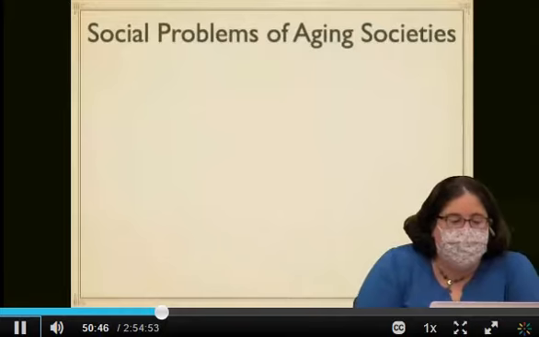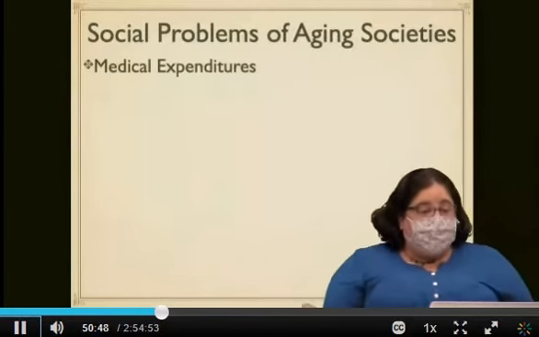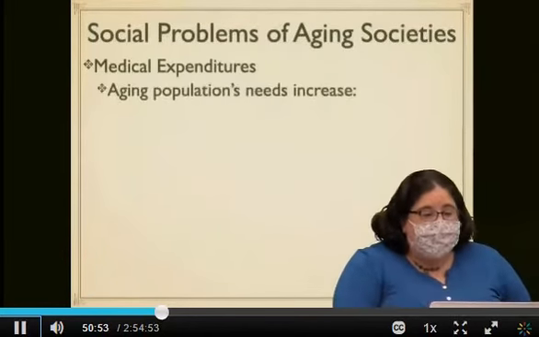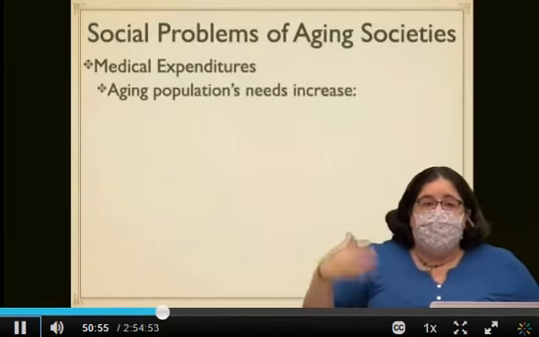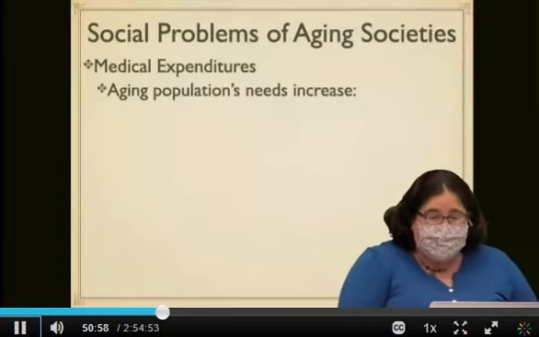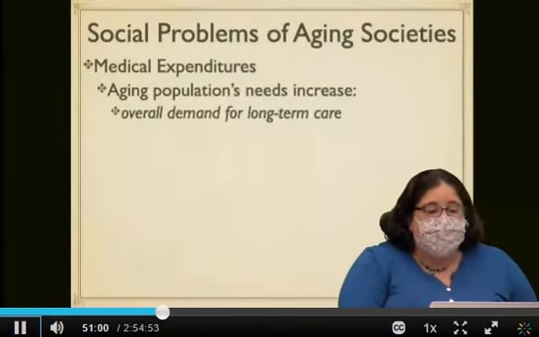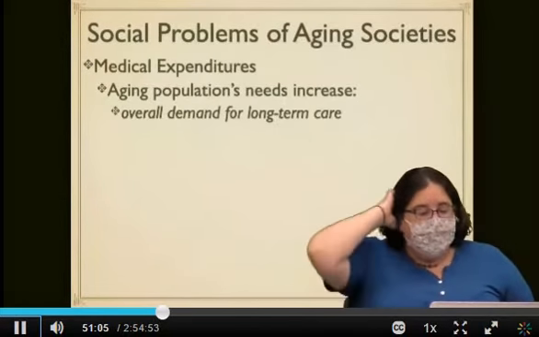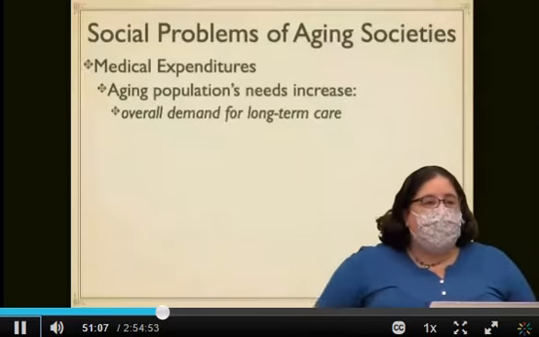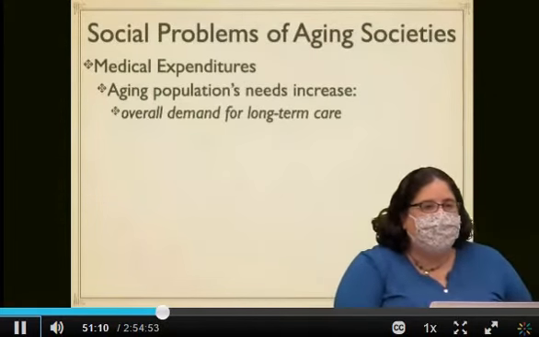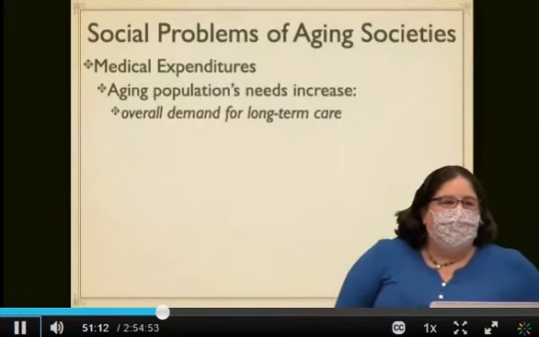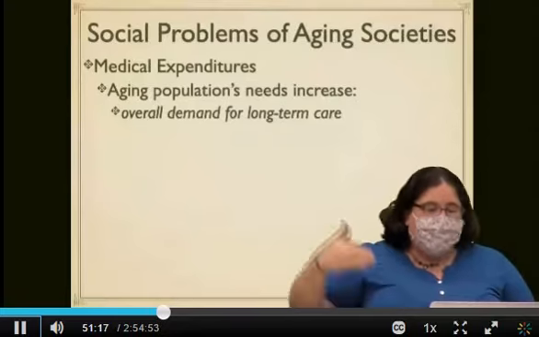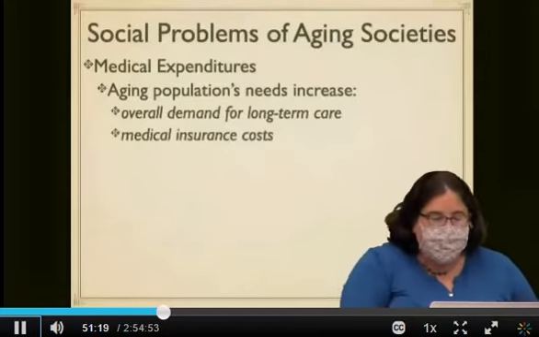Another issue with an aging society has to do with the medical side of things. Right? Medical expenditures increase significantly because an aging population has more needs. For example, there's more of a demand for long-term care as people get older. Not everyone is quite as independent as Mimi is, right? Though it is admirable. And so the more older people there are, the more chances that people will need long-term care.